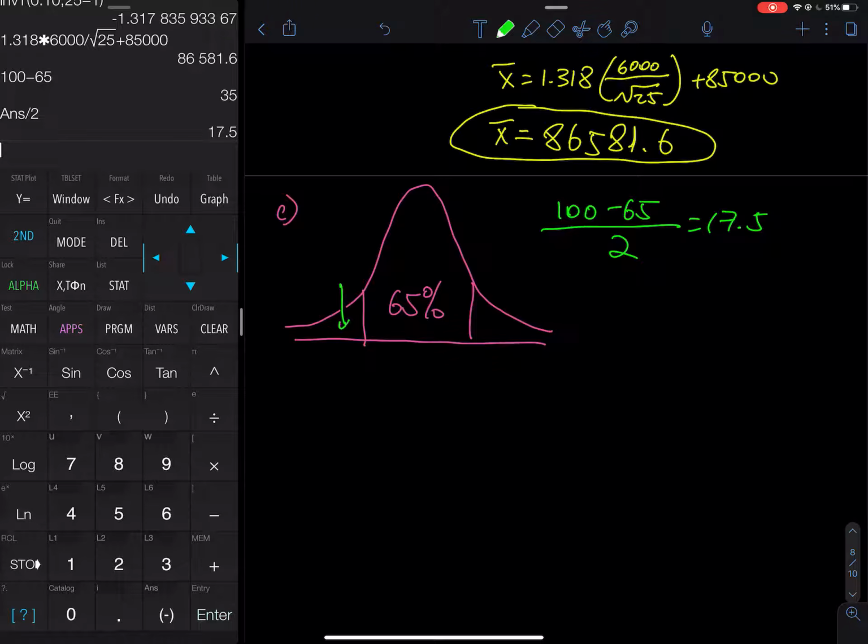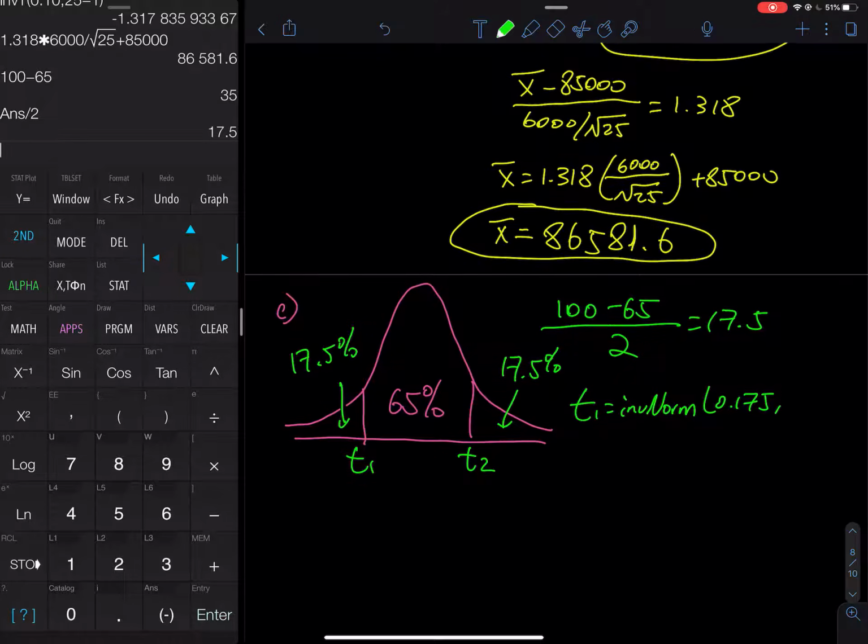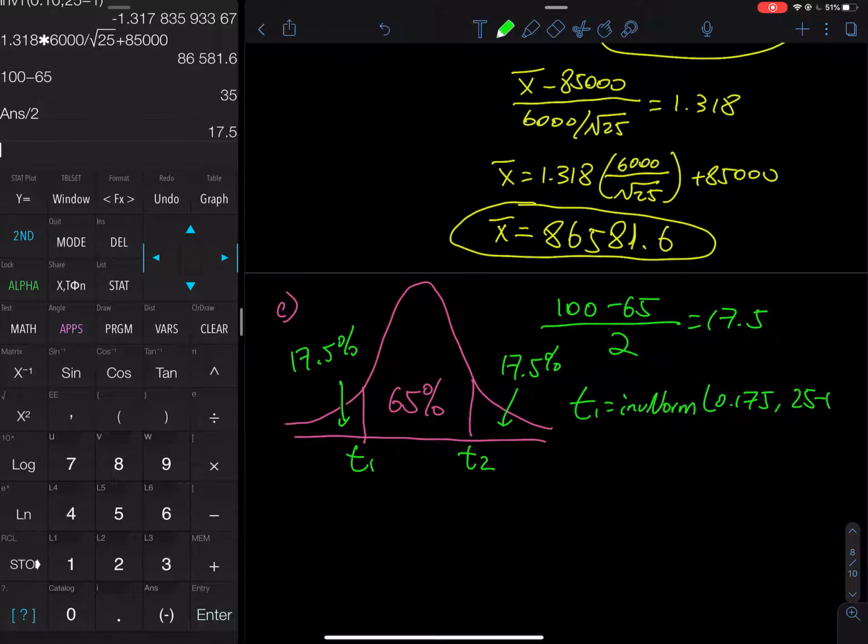This is 17.5%, and this is 17.5%. So you have a T1 and a T2. T1 is inverse T of 0.175. The degree of freedom is 25 minus 1. Let's see what that equals.